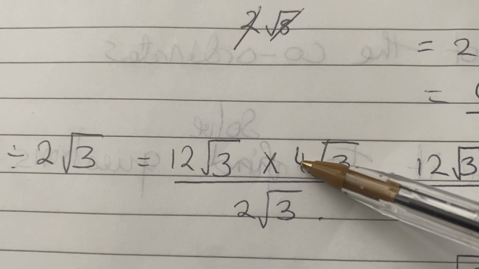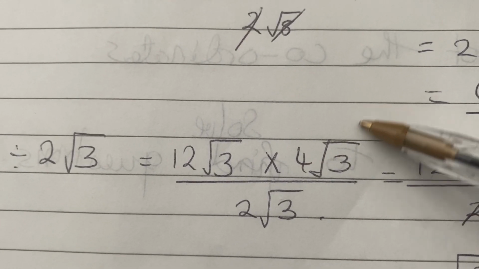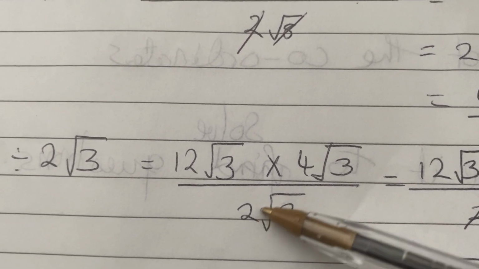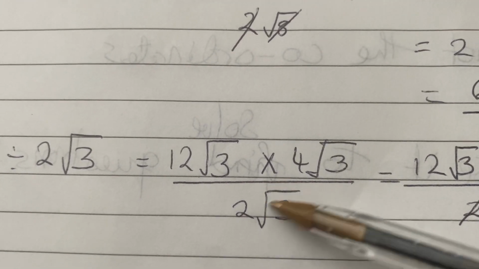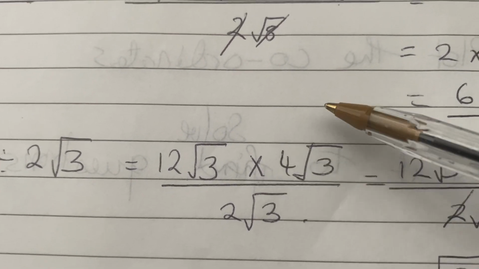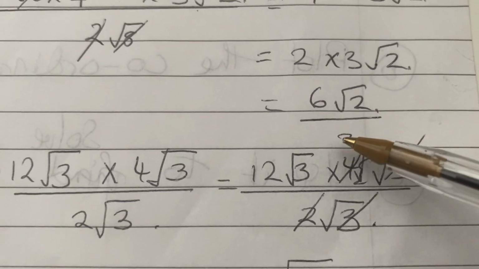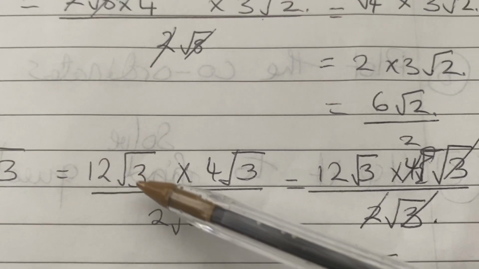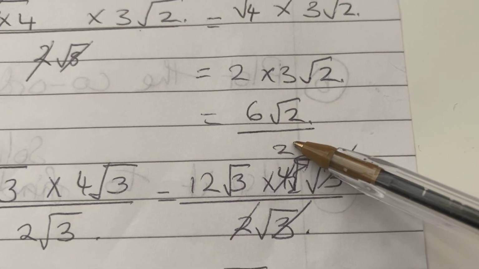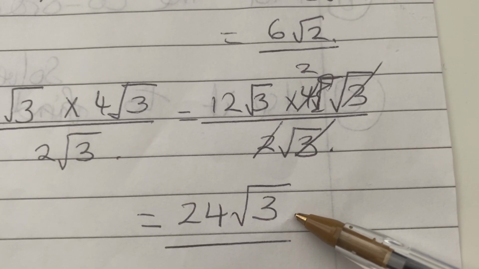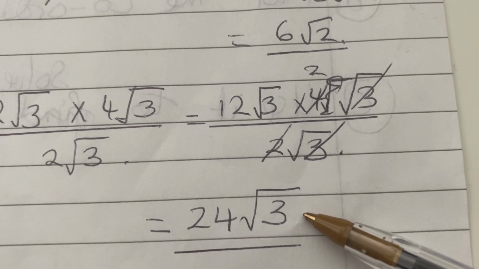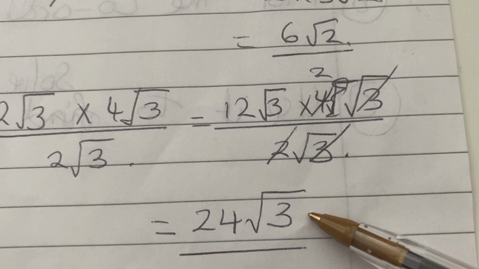So this is root 3, root 3. 2 into 4, you get 2. So you've got rid of the denominator. There is a 2 here, and then you have 12 root 3. So now you have 24 root 3. A few steps, then you are there.